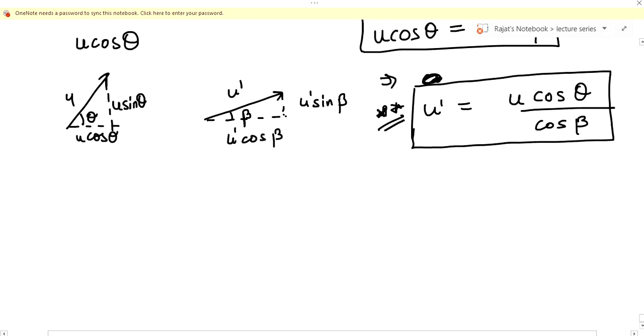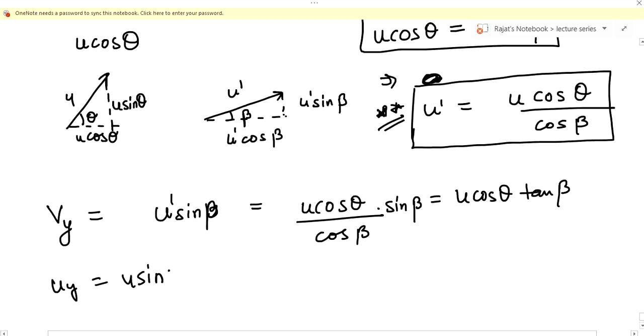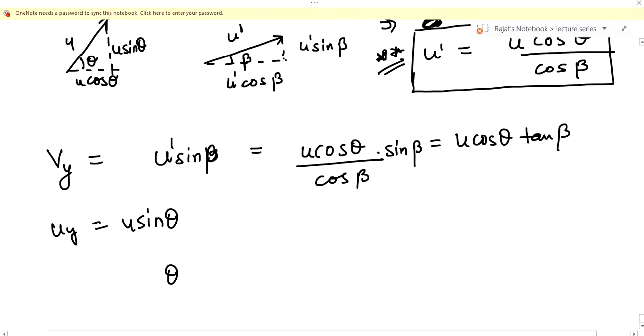We can also find the time. After what time does the velocity become u dash? How to find that? What will be the vertical component? Final vertical component will be u dash sine beta. So this will be u cos theta upon cos beta into sine beta, so u cos theta tan beta. The initial vertical component is u sine theta. So let's use the kinematics equation.